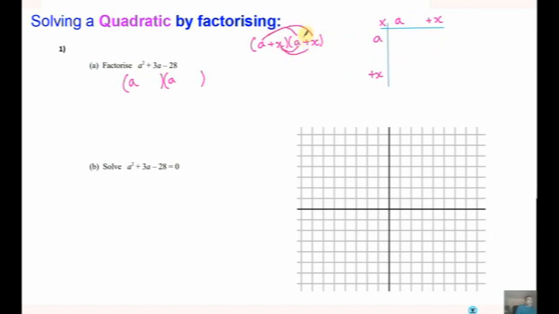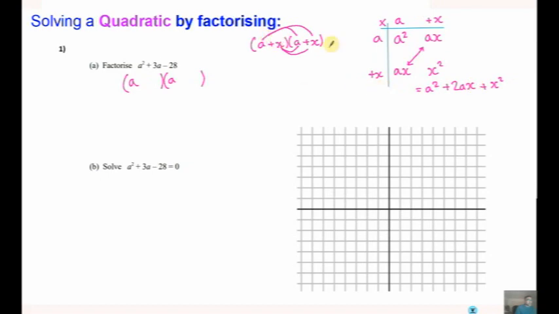Using a grid just makes that a little bit easier. So I'm going to do a times a, which gives me a squared. And then a times x, which is ax. You're going to have another a times x, and then x squared. And notice when you simplify this, these two terms can add together. So it's going to look in the format a squared plus 2ax plus x squared in this case.